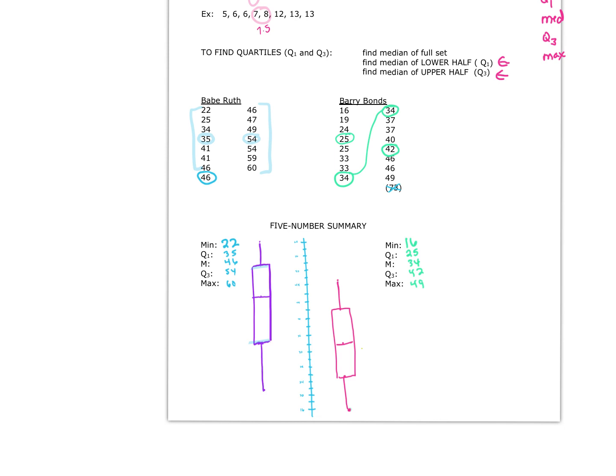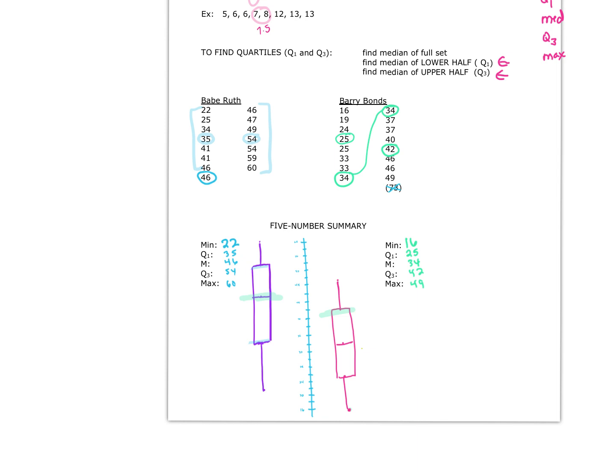What about making some comparisons from where the medians are? How does the median compare? Let's look at what we know about the median for Babe Ruth compared to quartile 3 for Barry Bonds. It's a lot higher. Okay, so even the median, which means the middle, for Babe Ruth is higher than quartile 3 for Barry Bonds.